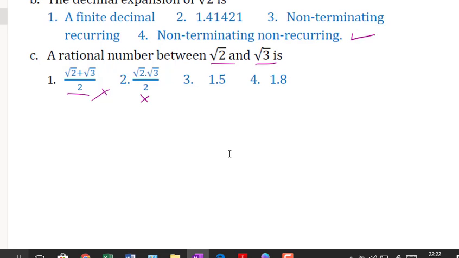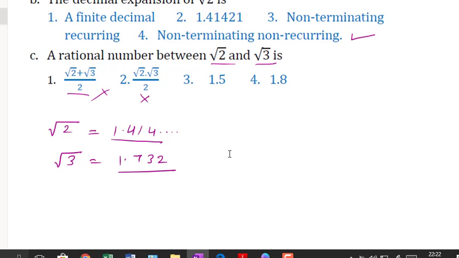Now 1.5. To check whether this is a number between these two numbers, we should know the approximate value of root 2. Do you know the approximate value of root 2? It is 1.414. The rest of the digits you can find out, but the initial digits are 1.414, and for root 3 it is 1.732.